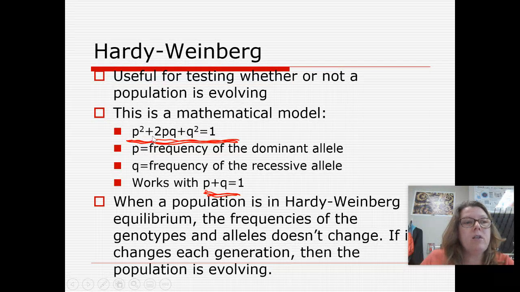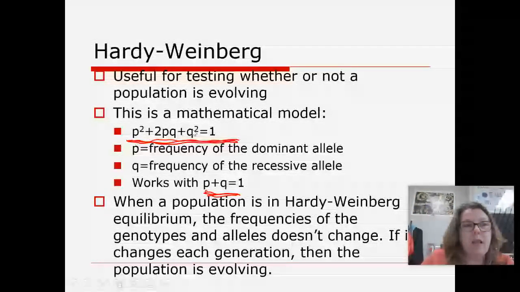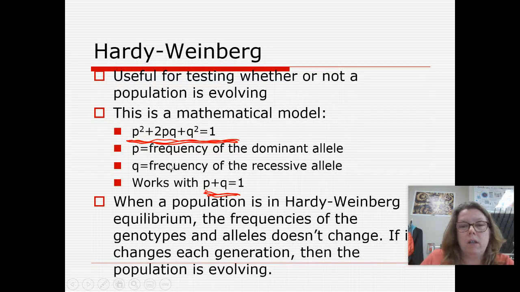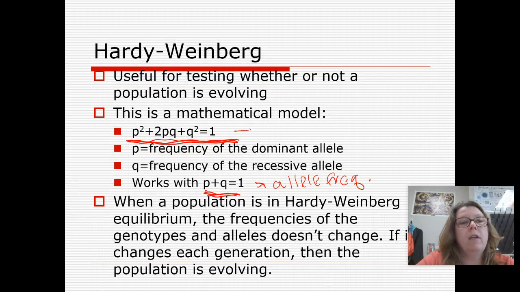That's the frequency of individuals in the population that are heterozygous, and then q squared is the frequency of the individuals in the population that are homozygous recessive. So this is the main Hardy-Weinberg equation, but it works as a system of equations with p plus q equals 1. This equation is all about allele frequencies. But the other equation is all about genotype frequencies.